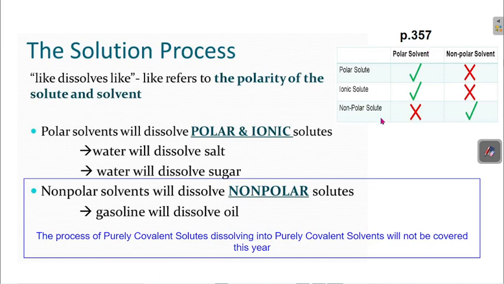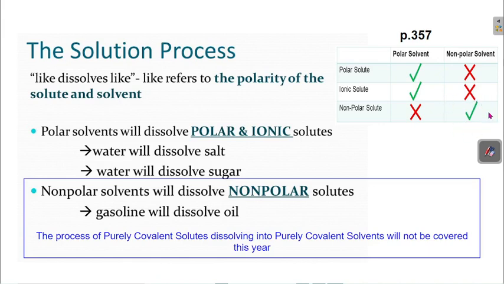When you have a non-polar solute, so covalent compounds that don't have any kind of charges, they are not going to be attracted to a polar solvent because there's no attraction there. There's no charges to attract each other. But they will dissolve and be attracted to other non-polar solvents. We're not going to tackle this very much.